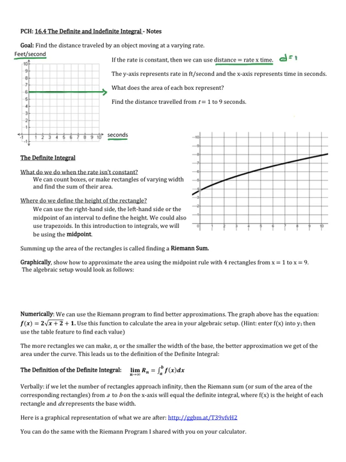So the area of each little box represents height times base. The height is feet per second. The length of your base is seconds, and when you multiply those together, you get feet.